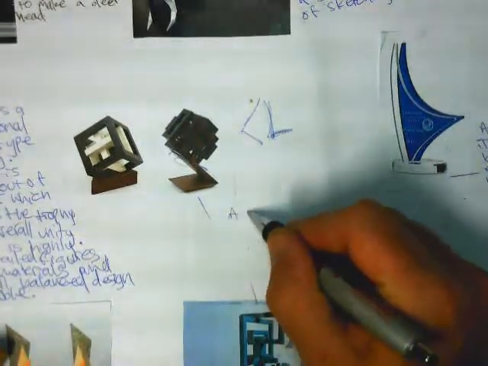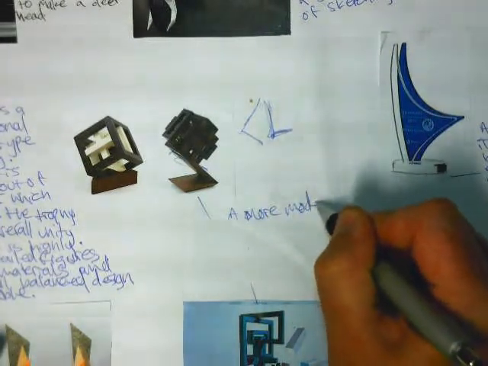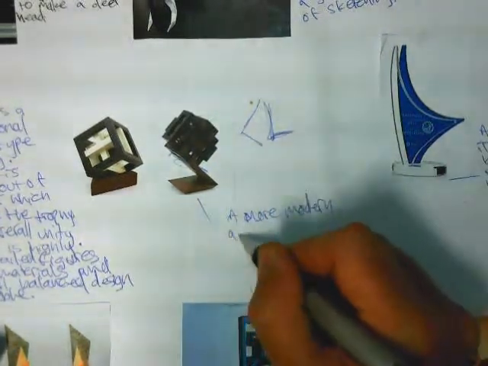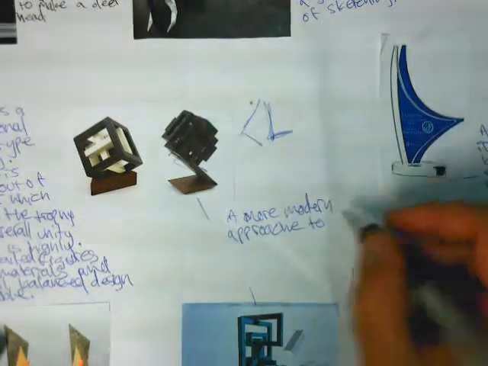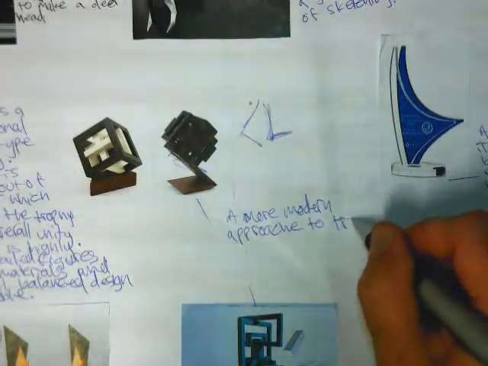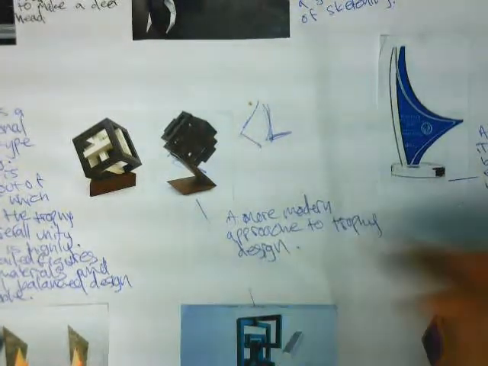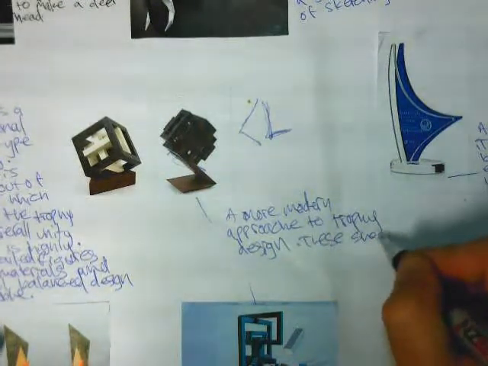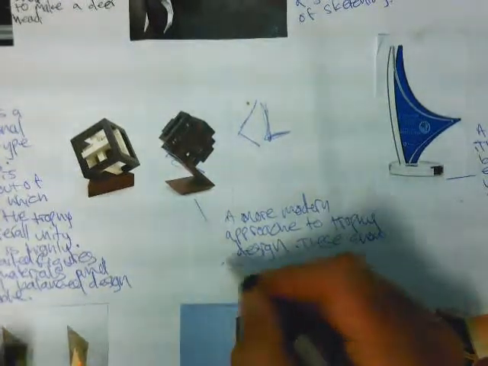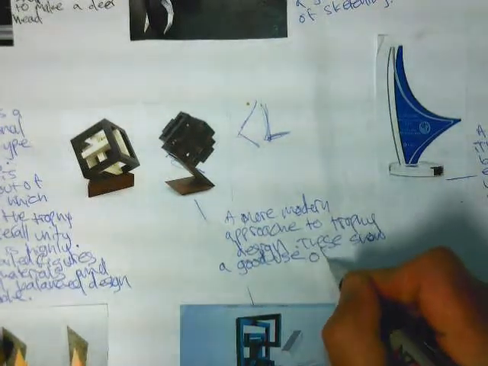These trophies show a good use of limiting shape to right-angled or square or geometric prisms.